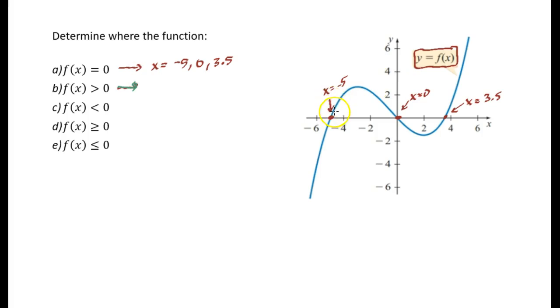Okay, so we'll notice that it's greater than 0 on these portions of the graph. Let's just imagine that this is going up forever, up to the right, and this is also going down forever, similarly. So we'll notice that this is the portion of the function where it is greater than 0.